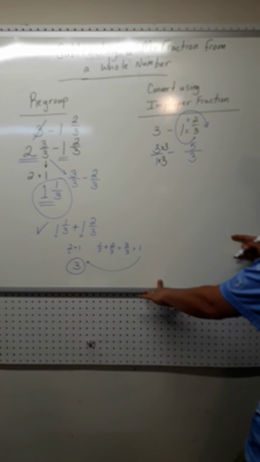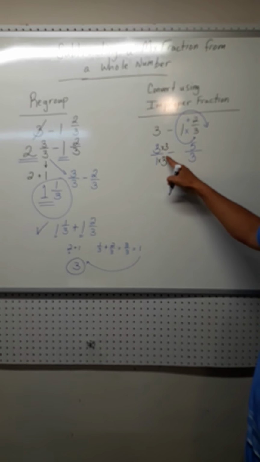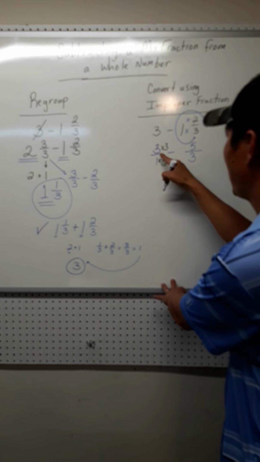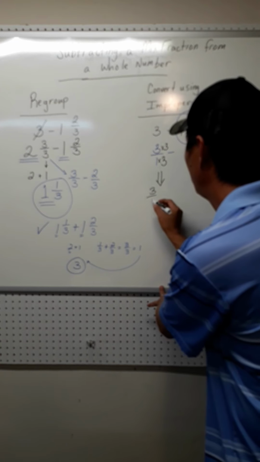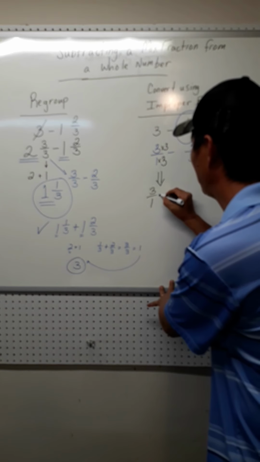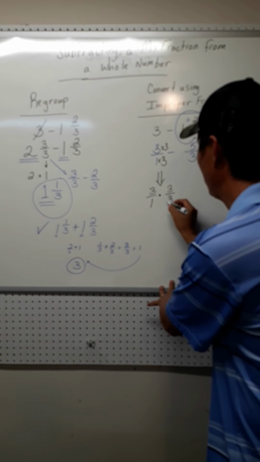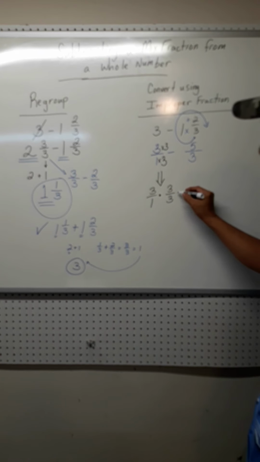Why is that? Because if I really look at this, 3 being multiplied by the denominator, 3 being multiplied by my numerator, this in essence is saying 3 over 1 is being multiplied by 3 over 3, which is still the value of 1.